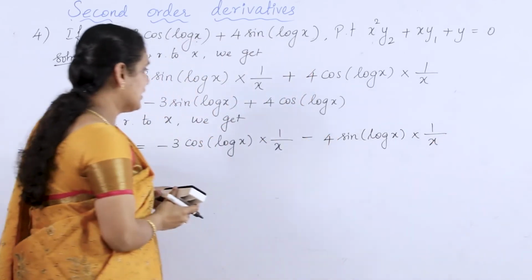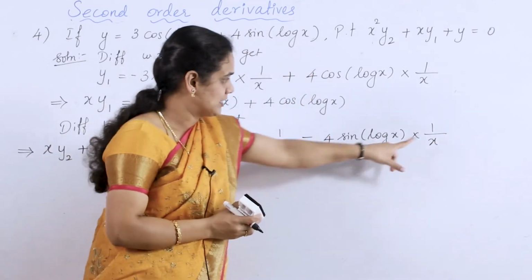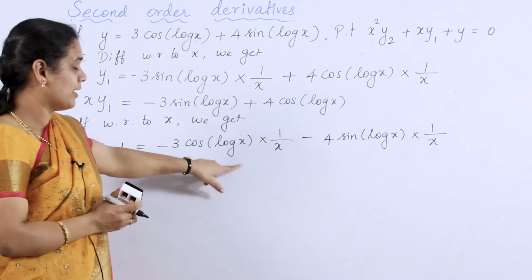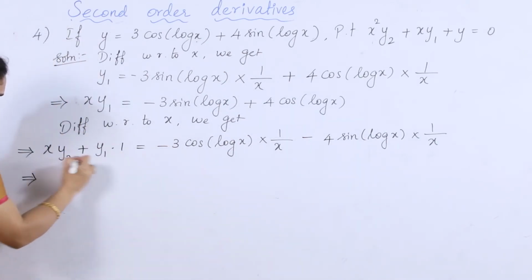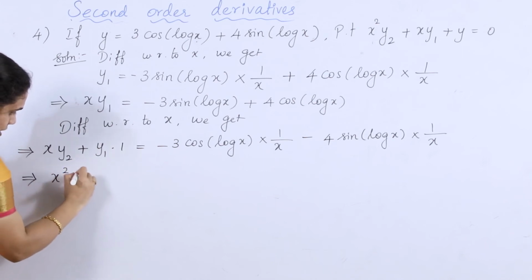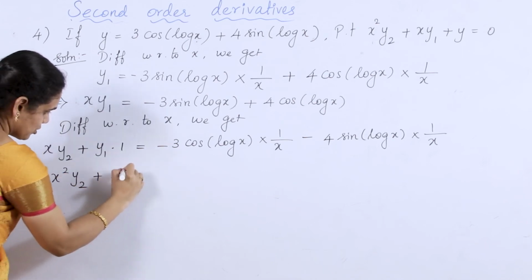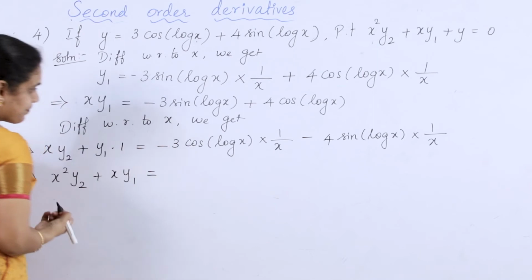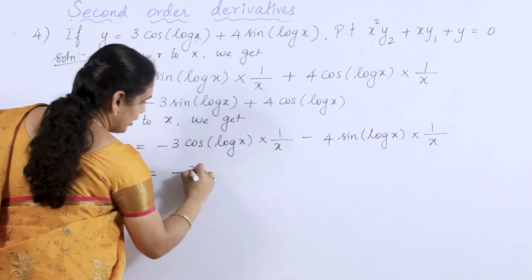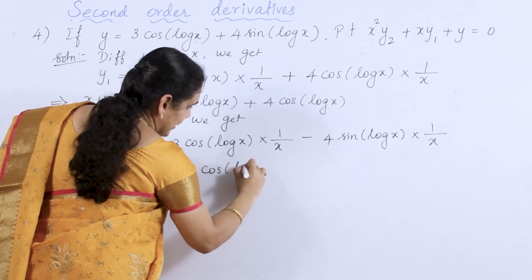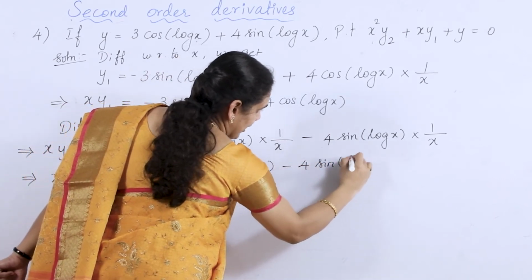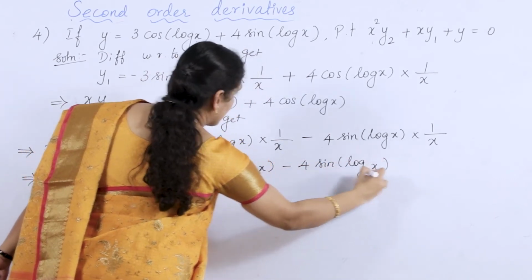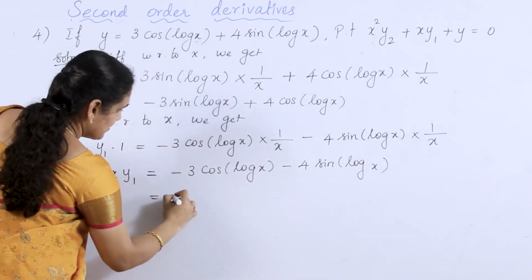Here also we get x in the denominator in both the terms, so we can take it as common and bring it to the left side. When you multiply, it becomes x square y2 plus x y1, and here minus 3 cos log x minus 4 sin log x. Can we take minus from both the terms? Yes.